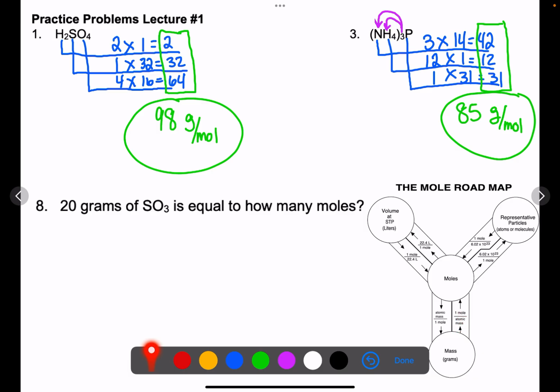So I have to start by finding the atomic mass of this compound. Okay, so I'm going to start with SO3. I have 1 sulfur, 3 oxygens. I go to my periodic table, and sulfur is a 32.